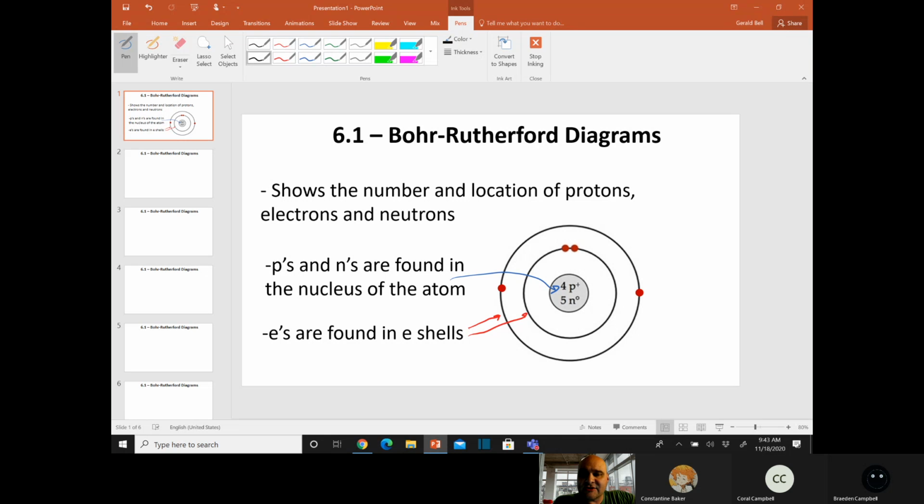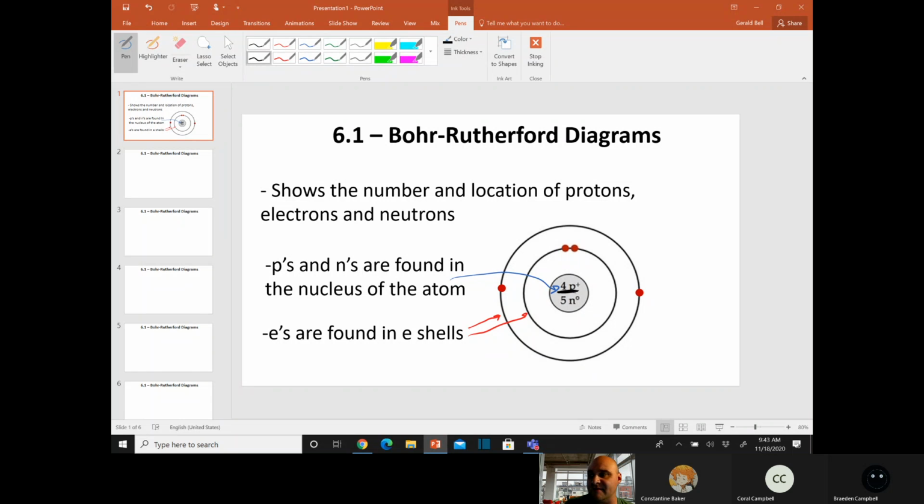So all about these protons, electrons, and neutrons. And on the quiz, there are a few questions where I give you these pictures and I say, what atom is it? Or how many protons does it have? Or something like that. So if I ask a question, which atom is this? One of the particles is going to be the dead giveaway. So the fingerprint, the one that tells us, is going to be our protons.